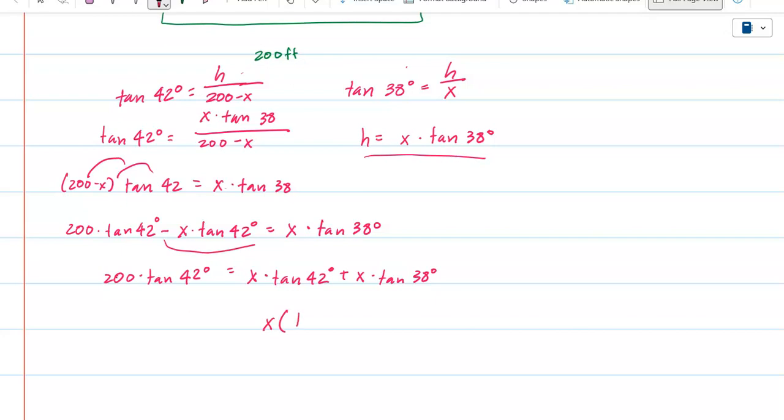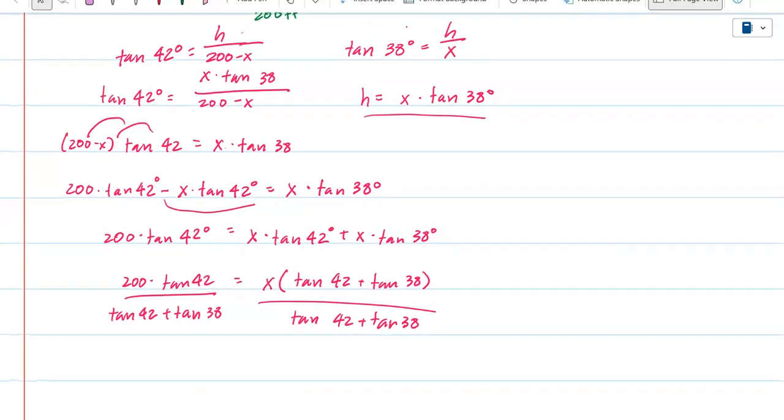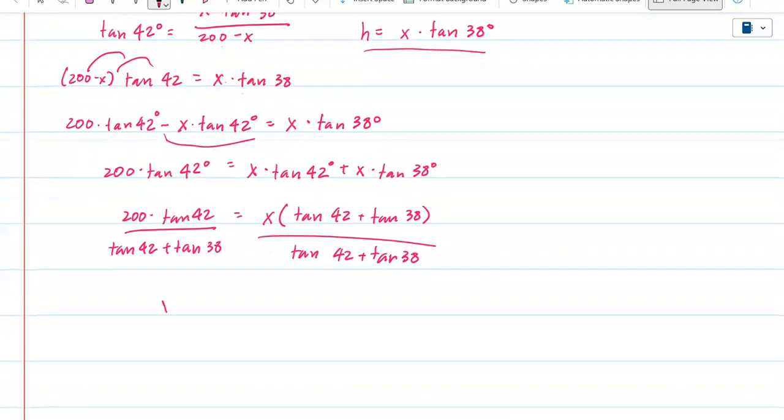Factor out the x. Divide both sides by tangent of 42 plus tangent of 38. And I end up with x equals 200 times tangent of 42 over tangent of 42 plus tangent of 38.